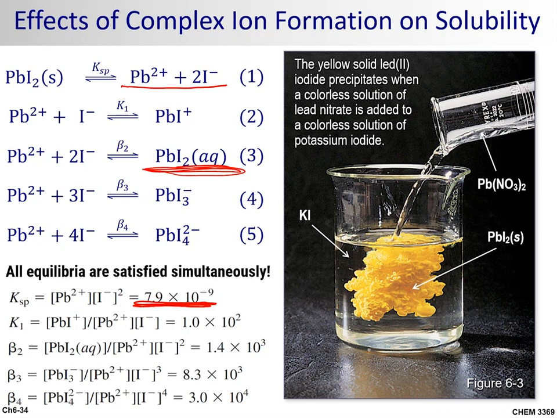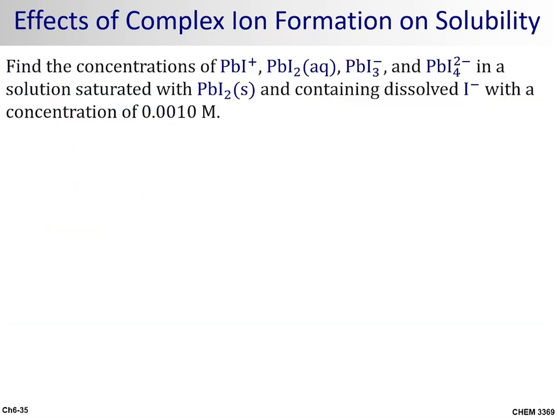We cannot have different concentrations of Pb2+ when you look at these different reactions. Okay, so that's out of the way. Maybe for a little bit too long, but I wanted to make you aware of this ion pairing. So let's finish this with this example.